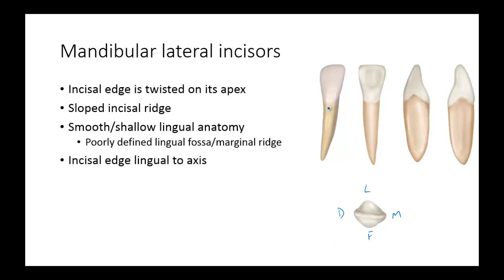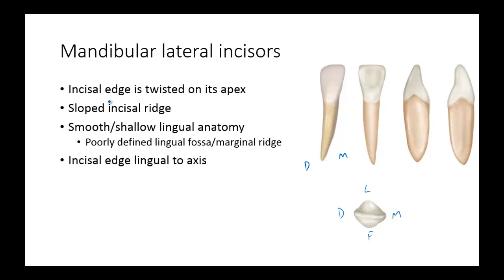Just to orient yourself, we're taking this tooth and rotating it towards us, 90 degrees. Remember the root inclines distally, so this is going to be distal, and this is going to be mesial. If you remember, the cingulum is going to be displaced distally for the mandibular laterals. So that's another way you can tell this is distal.